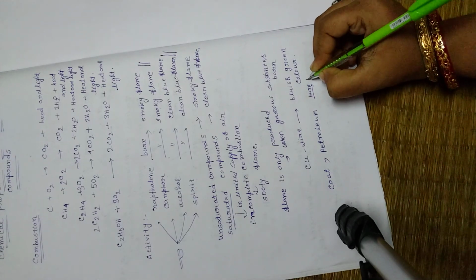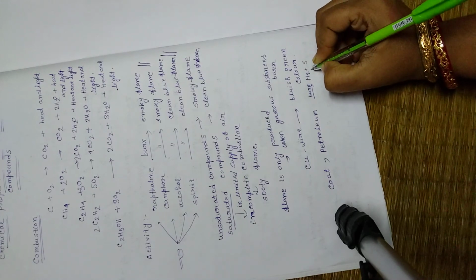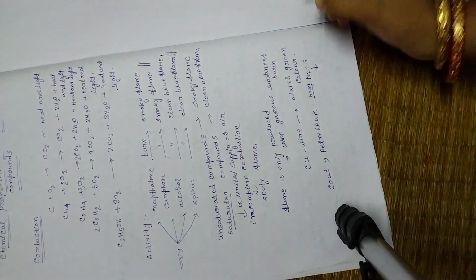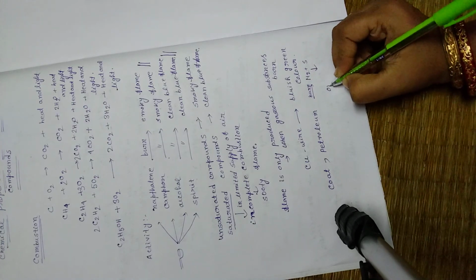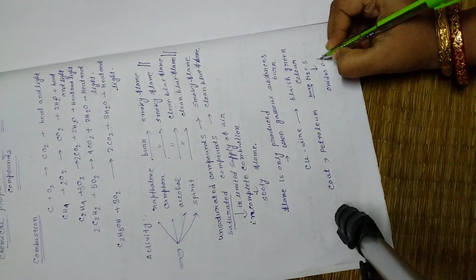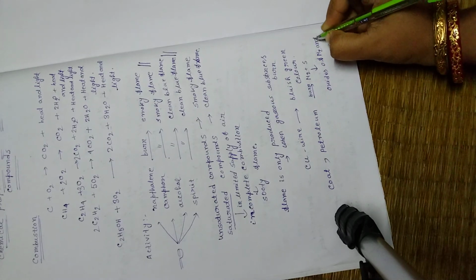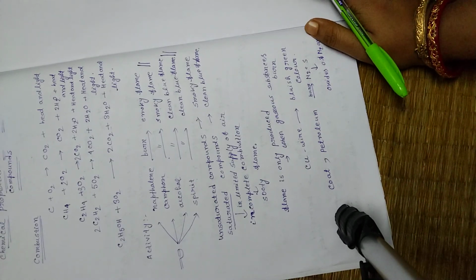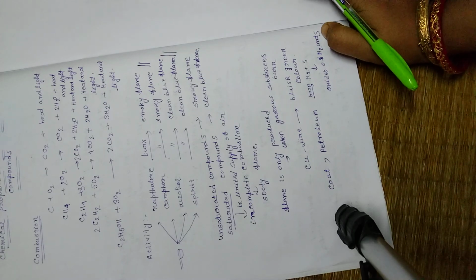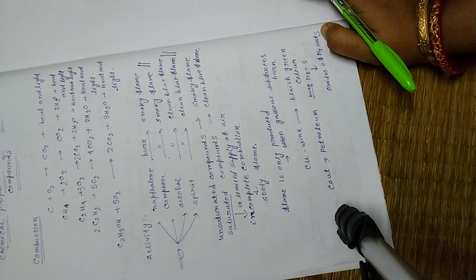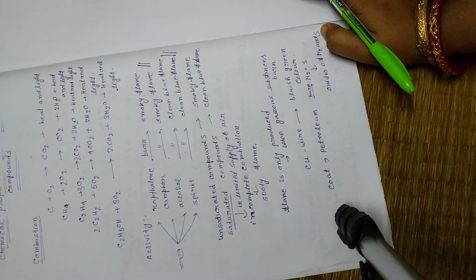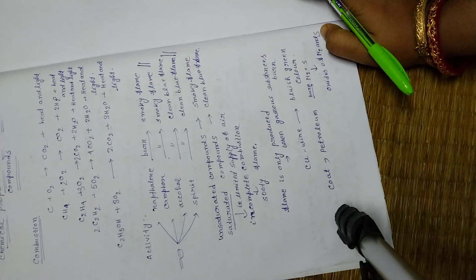So these by burning form oxides of nitrogen and sulfur, and you all know some oxides of nitrogen and sulfur are harmful for our environment and they are major environmental pollutants. Okay, so in some cases, instead of coal and petroleum, we must use another clean fuel.